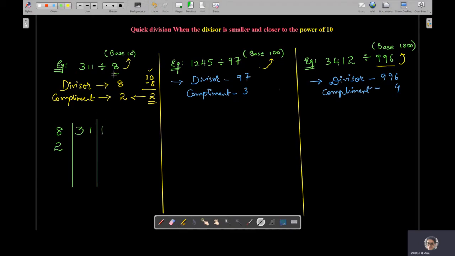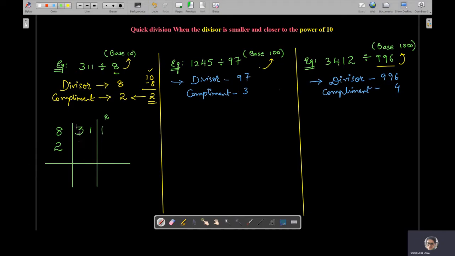Because we have 1 digit, we write that 1 digit separately, and this will be considered my remainder part. Now let us analyze and calculate this sum based on the divisor which is smaller and closer to the power of 10.